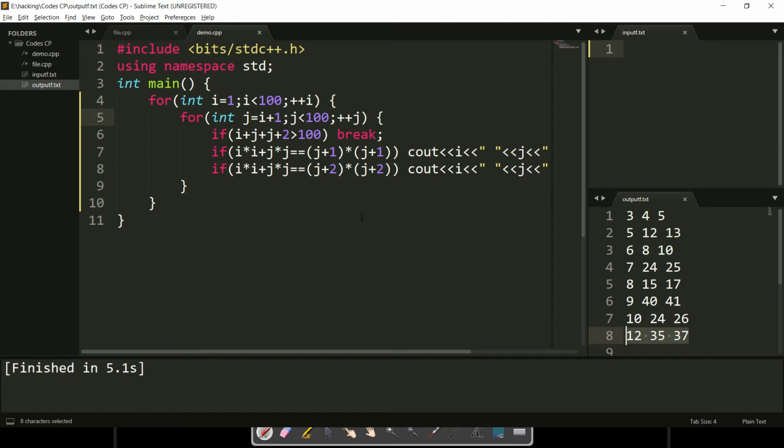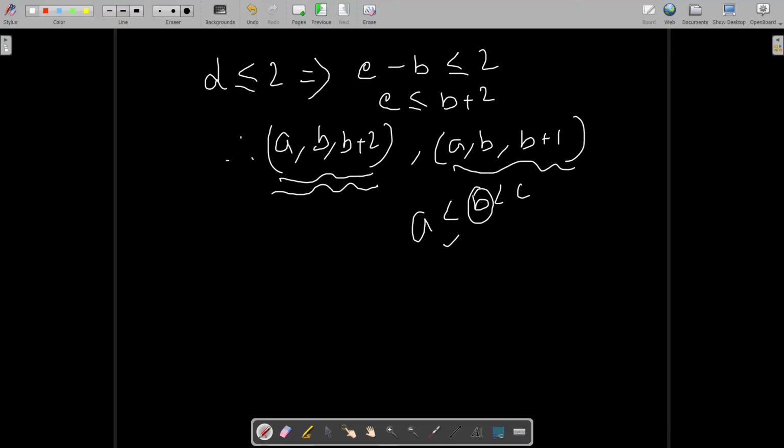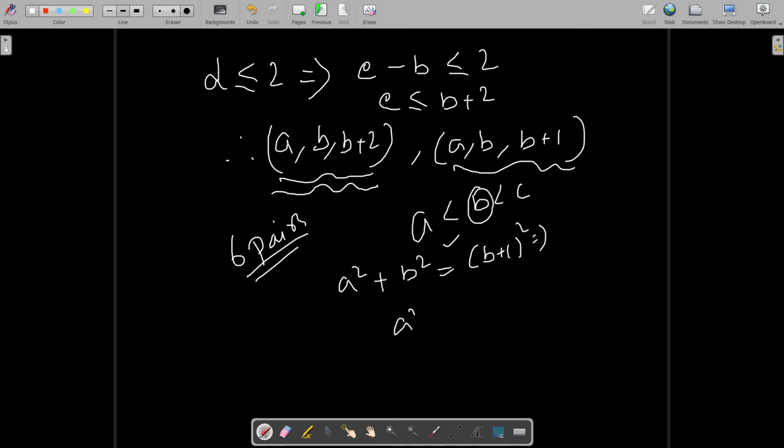So there are 6 pairs in total, and this can easily be found out on paper using the same technique, that is a square plus b square equals b plus 1 whole square. This should give you a square equals 2b plus 1, and by using that we can find out that a is odd and then check the conditions, right?